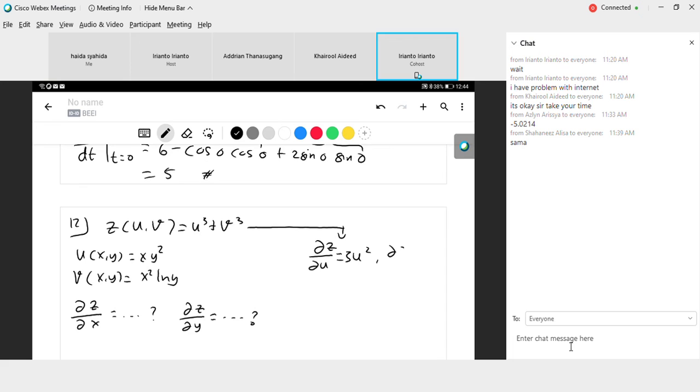The first derivative with respect to v is 3v squared.